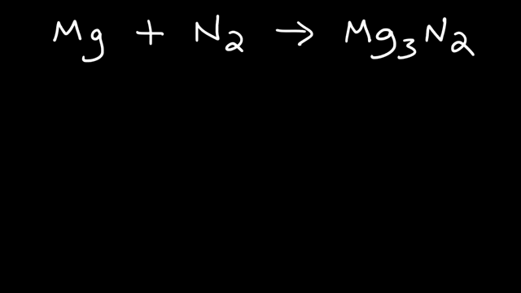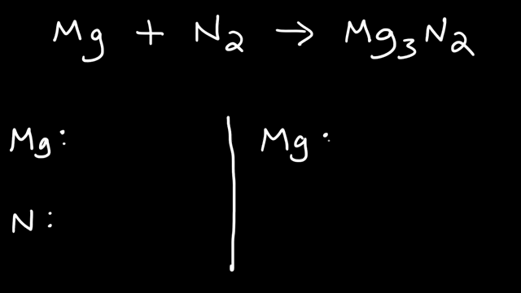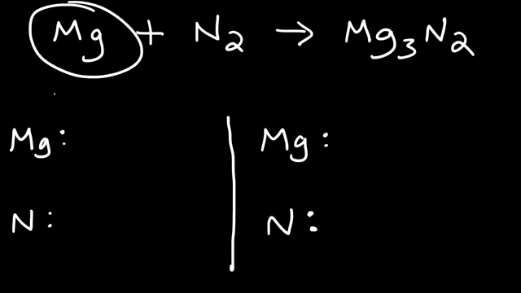We need to make sure that the number of atoms on the left side is equal to the number of atoms on the right side. So what we're going to do is list out the number of magnesium and nitrogen atoms on the left side as well as on the right side. On the left side, I only have one magnesium atom.